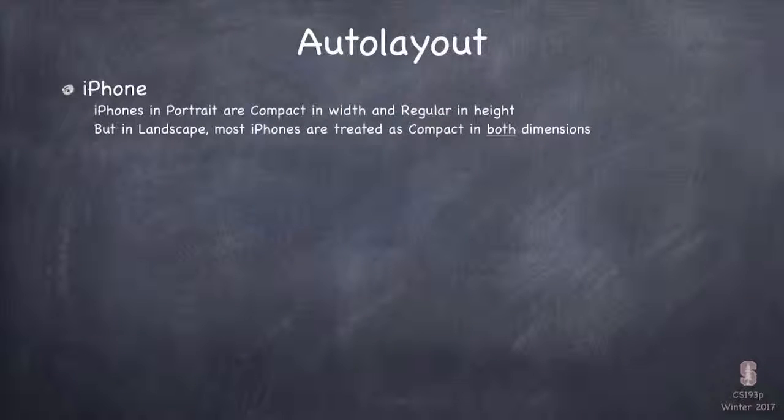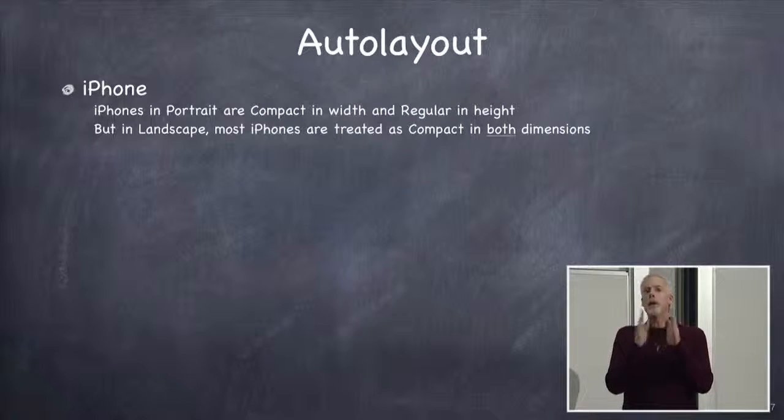So let's look at all our devices and see when they're compact in either height or width, and when they're just regular. Let's talk about the iPhone first. The iPhone in portrait is regular in height, plenty of height, right? But it's compact in width. It's kind of constrained in width in that circumstance.